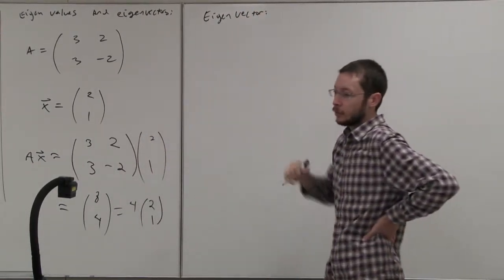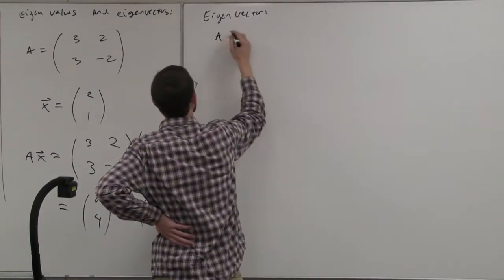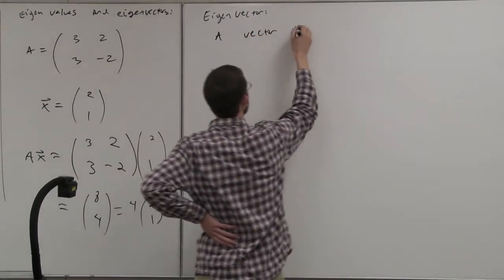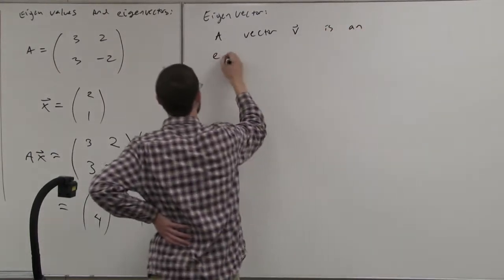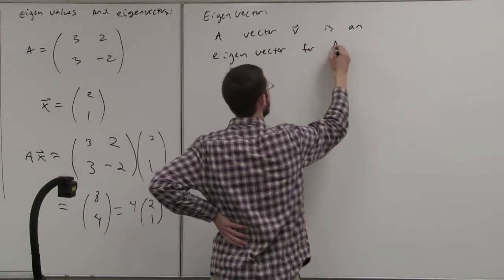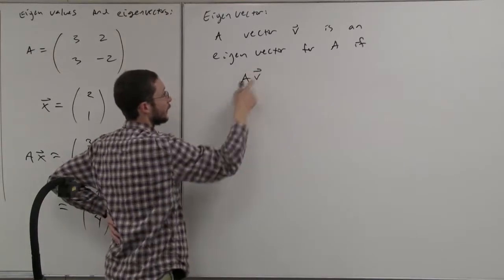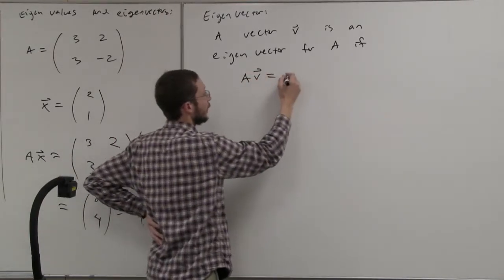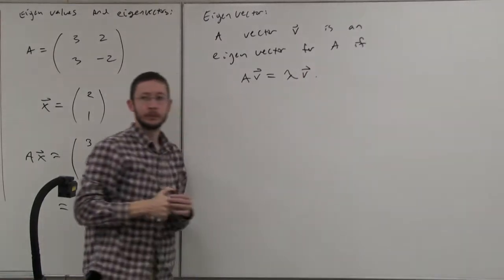An eigenvector for a given matrix is one in which if you hit that vector with this matrix A, it ends up sending v to a rescaled version of itself.